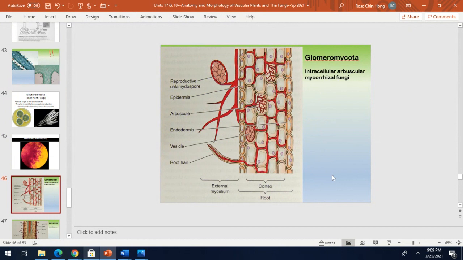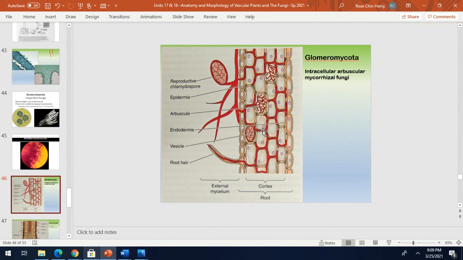And what it does is the mycelial and the hyphal connection here. This one is intracellular arbuscular mycorrhizal, so it is between the fungus and the root of plants.